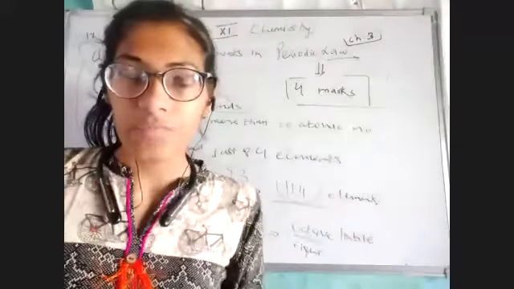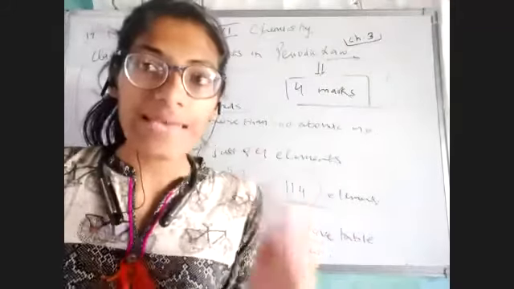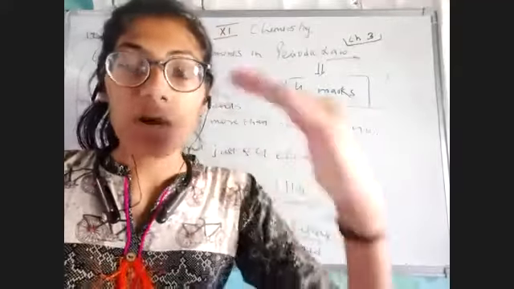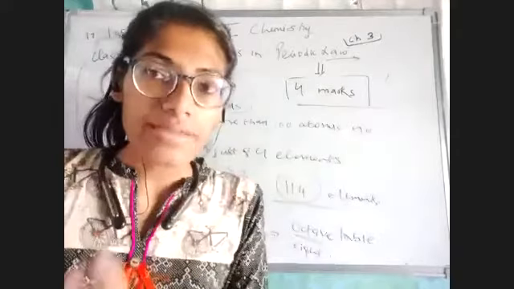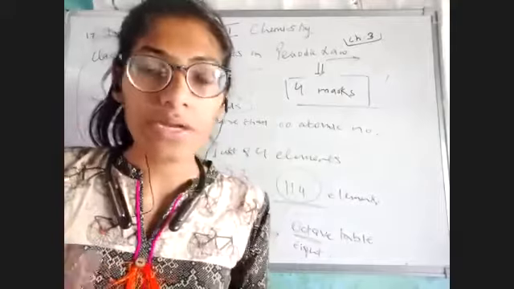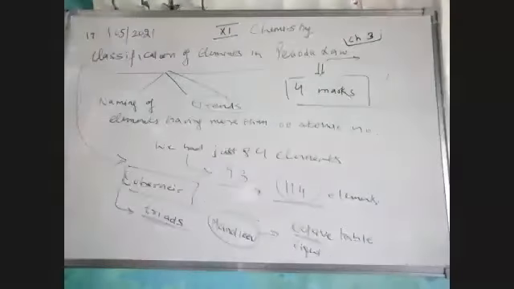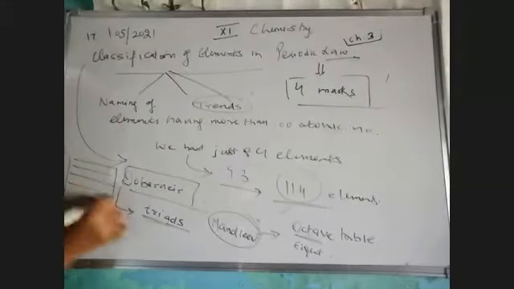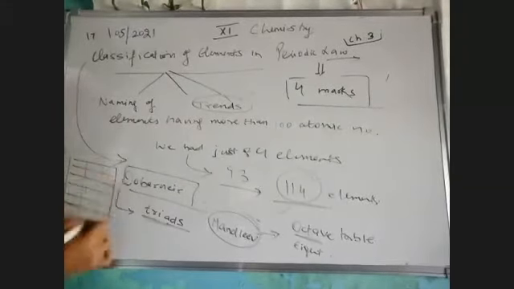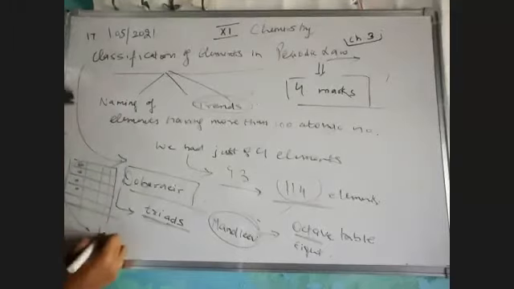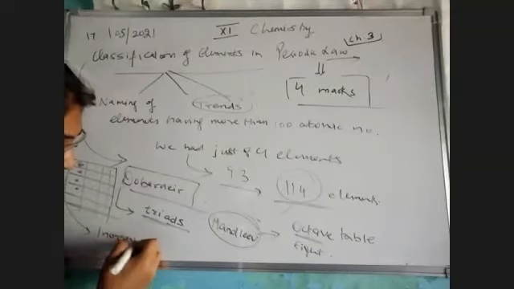He put his elements in 8 different columns, or rows, and took atomic weight as the initial property to arrange them. All the elements are arranged in the form of increasing atomic weight.